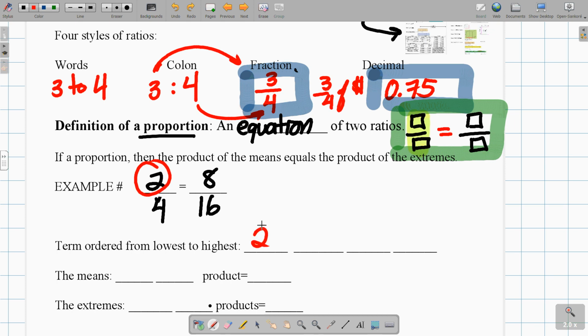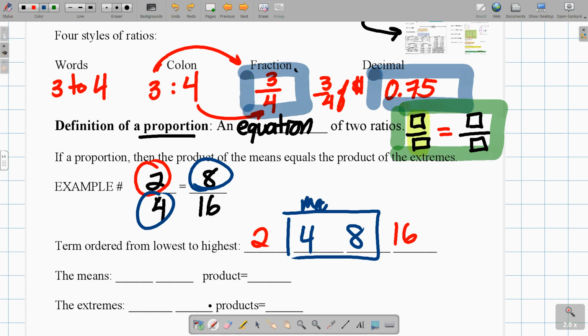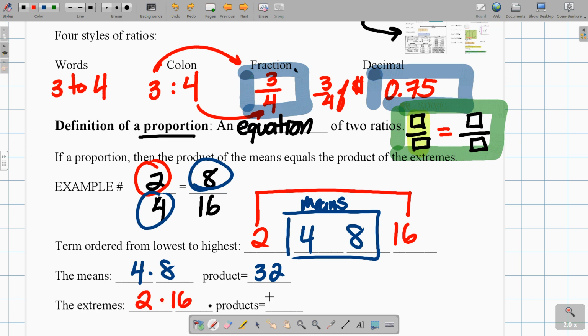So there is 2, 4, 8, and 16. The two numbers in the middle we call the means. Let's multiply those. The two numbers on the outer, we call those the extremes. Let's multiply those.